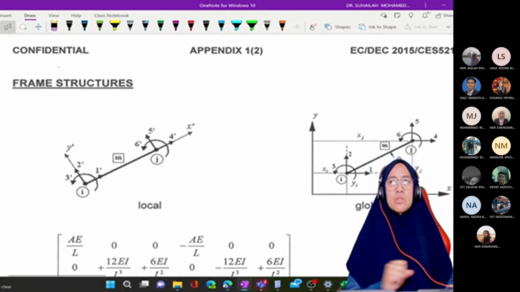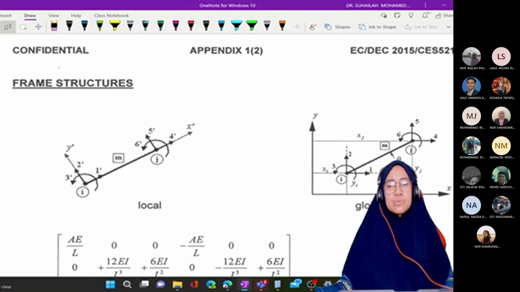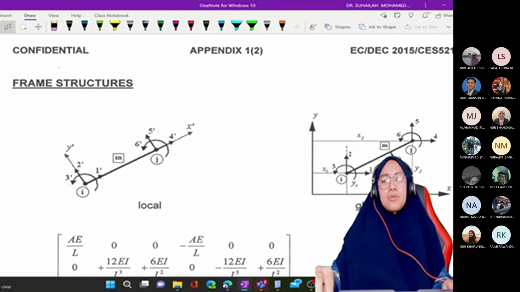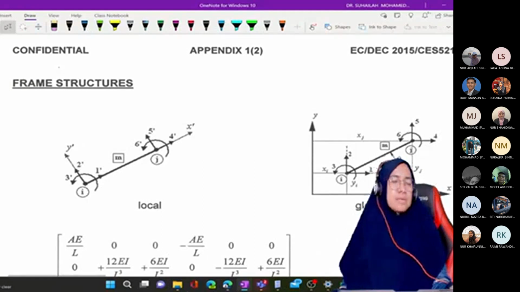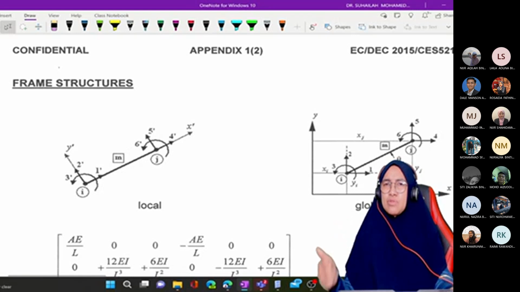So focus properly on the stiffness matrix method and insyaAllah you can confirm pass. But if you want to score, make sure you put in additional effort. There is no excuse for not scoring, because flexibility method and moment distribution method are also like revision, since you are used to the moment equation and the virtual work method, so it should be no problem.